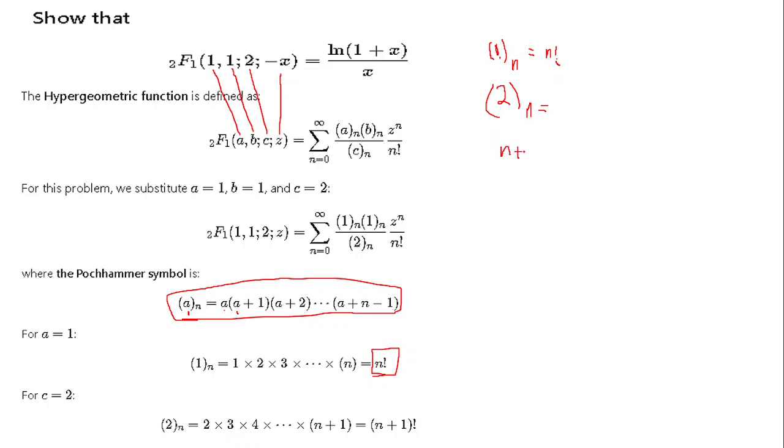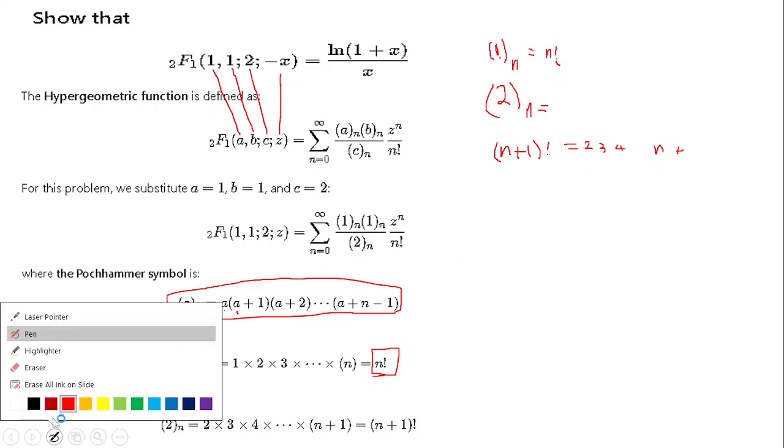So n plus 1 factorial is what? You start from 2, 3, 4, up to n plus 1. So that is how we represent all these functions.